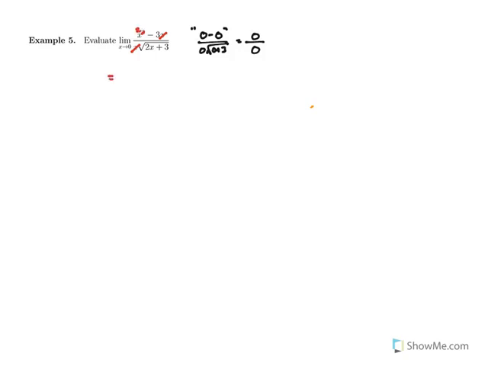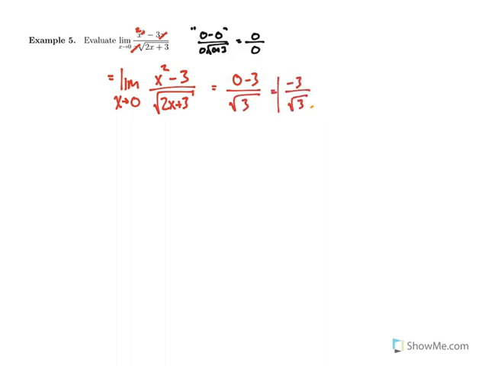And we'll be left with the limit as x approaches 0 of x squared minus 3 over the square root of 2x plus 3, which gives us an answer of 0 minus 3 over square root of 3, and that's negative root 3.